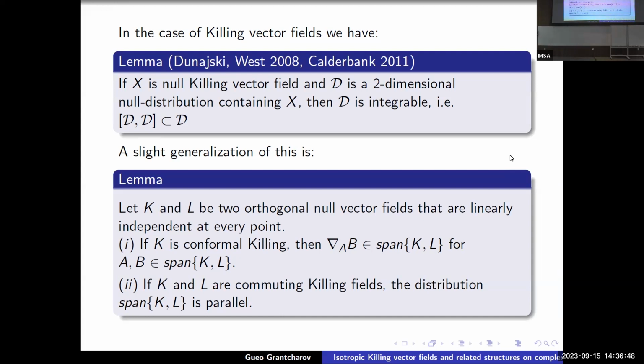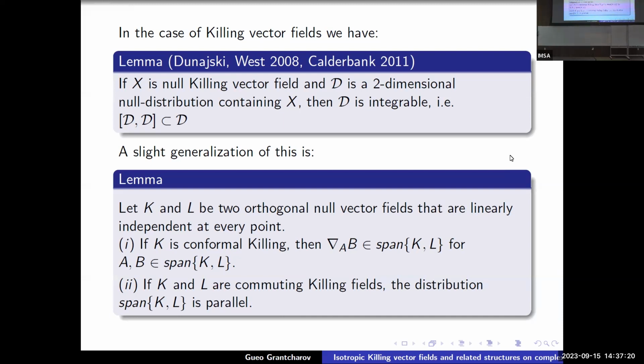But the one observation we have is, first, if one starts with one Killing vector field, which is again a local, infinitesimal isometry, null means isotropic. And these are called two-dimensional, which is maximal null distribution in this case. This is a local result, not global. Then this distribution is actually integrable.